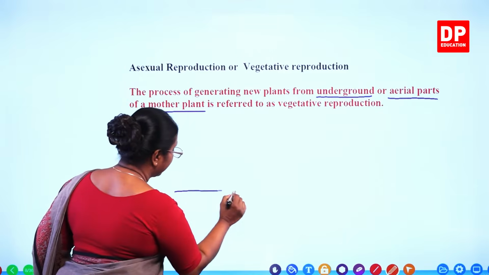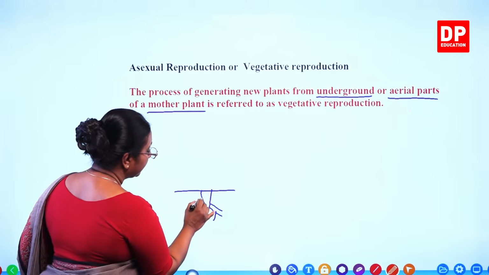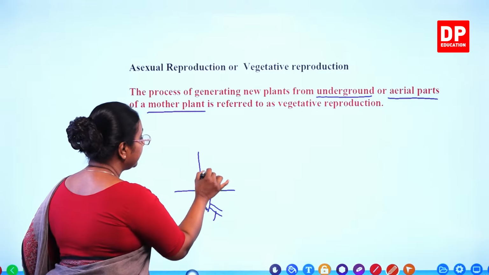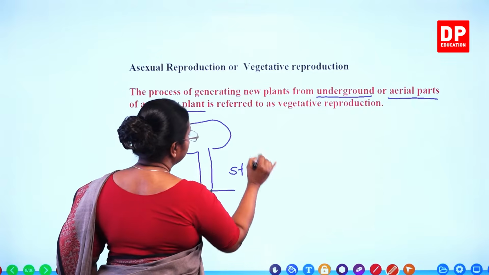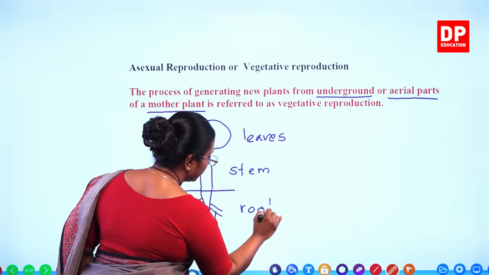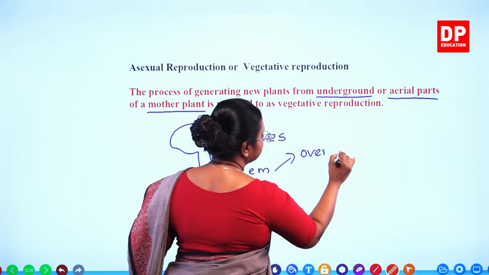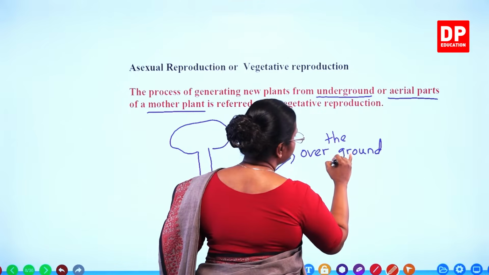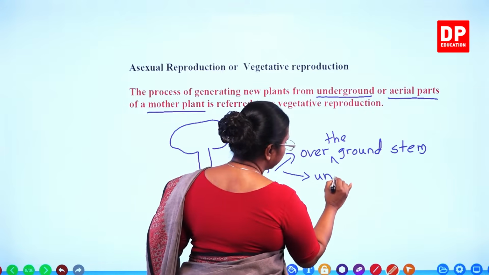If we take the mother plant, you all know about the root system. If it is a dicot plant, the taproot and the lateral roots. Then we have the aerial parts of the plant. So, here we have the stem, the leaves, and also the roots. So, again the stems, we can have the overground stem, or I can say over the ground stem, as well as the underground stem.